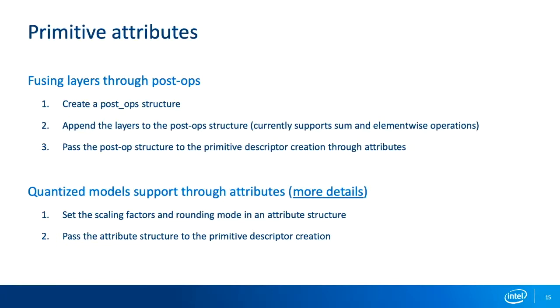So you build a convolution, you add an attribute to it called a post-op, and that post-op is defined as a ReLU. So you don't really have any ReLU primitive anywhere. That's the post-ops. Quantized models are the same way. There's an attribute called something like set quantize or set int, something like that, and it's added to the primitive itself.